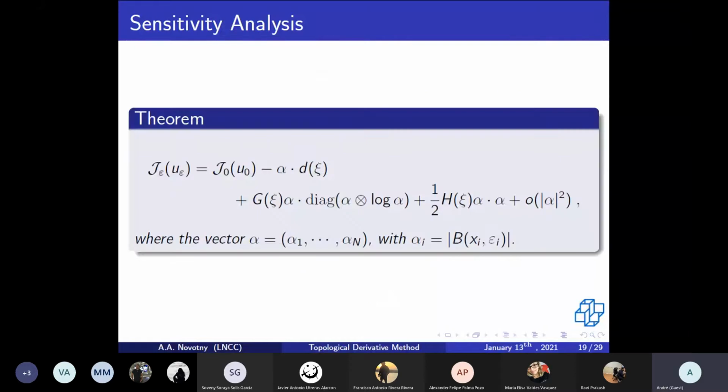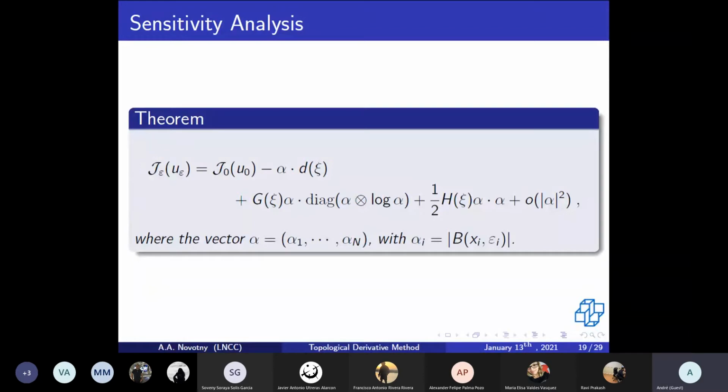From these elements, we can get this expansion, where the shape functional associated to the perturbed domain is approximated by the shape functional associated to the unperturbed domain, plus a first order correction term.